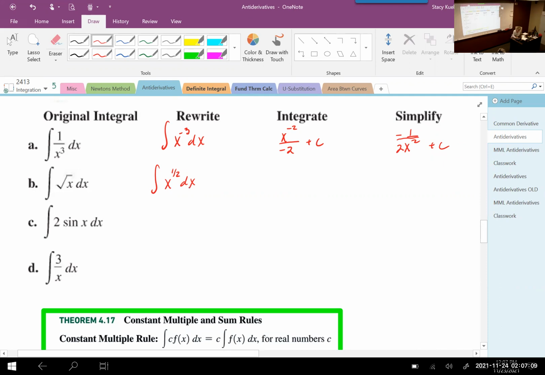So when I apply the power rule, I have x to the, what's 1/2 plus 1? 3/2, over 3/2 plus c. Simplifying that, that becomes 2/3 x to the 3/2 plus c. If I divide by 3/2, I multiply by 2/3.